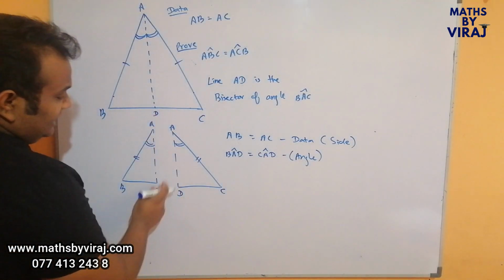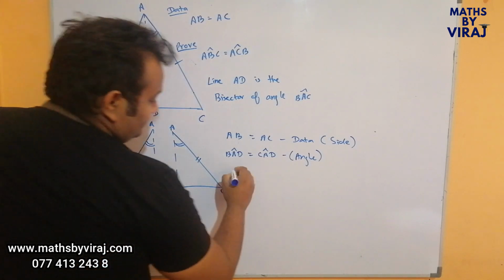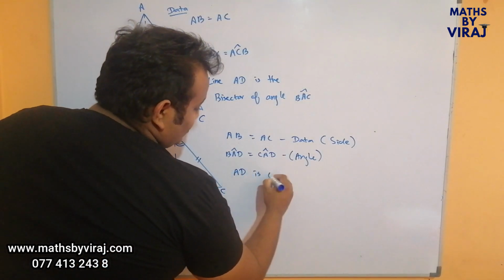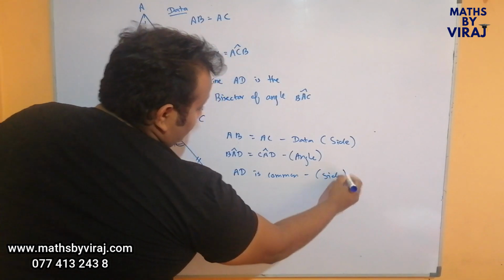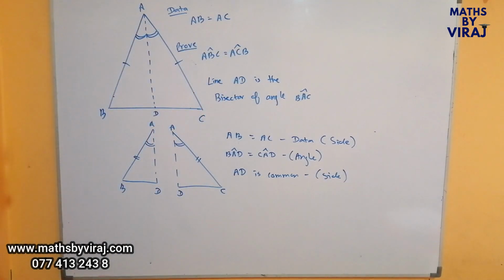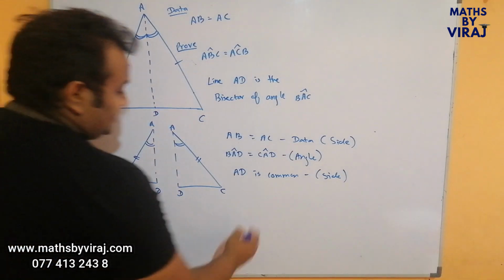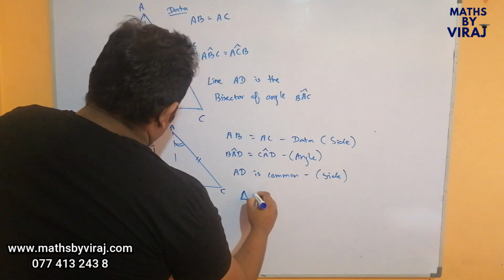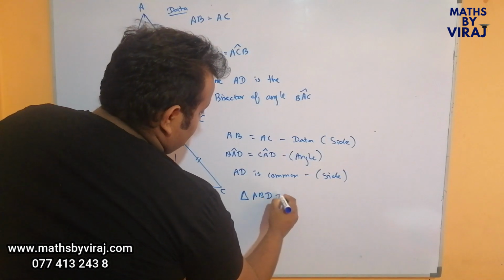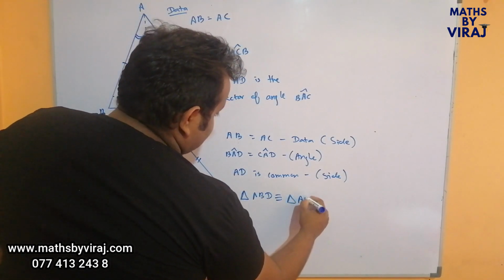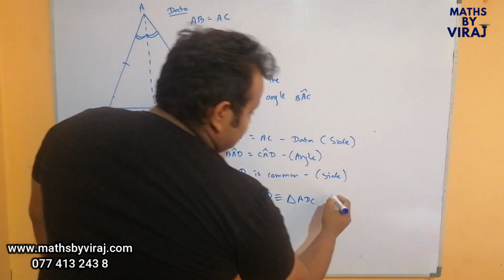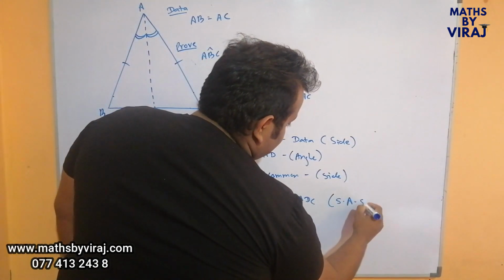Also, we see that side AD is common, which is also a side. Therefore, we can come to a conclusion that triangle ABD is congruent with triangle ADC, and the reason is side angle side.